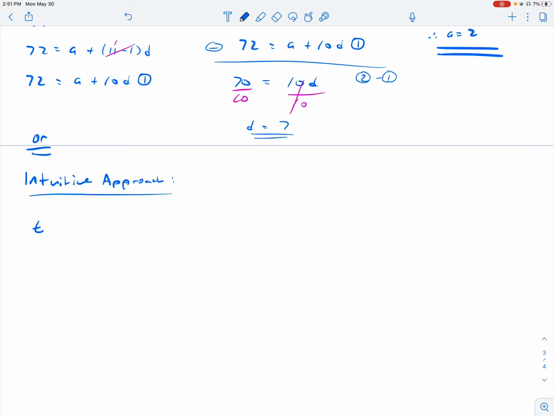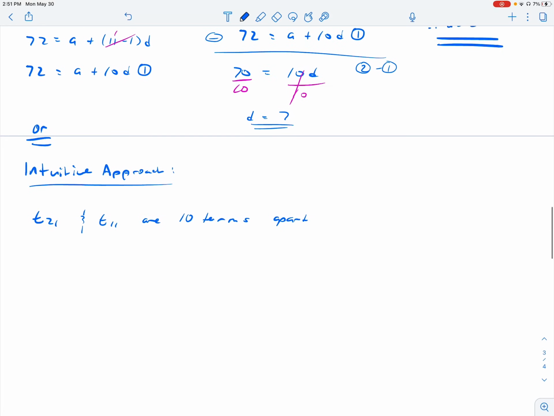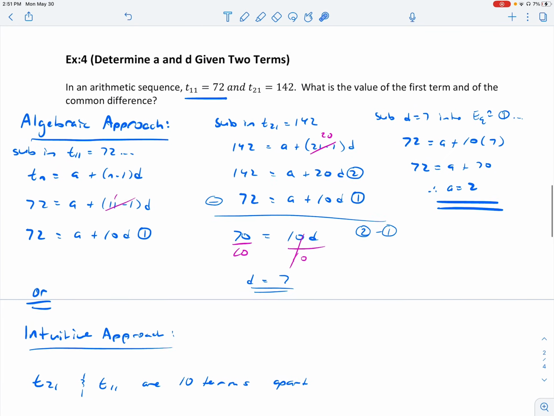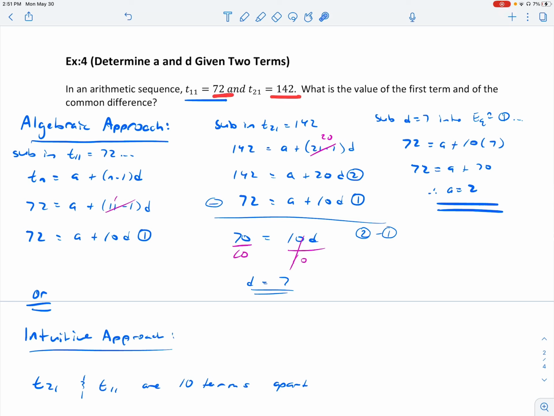So term 21 and term 11 are 10 terms apart. So we know there's a gap between this number and this number of 10 terms.